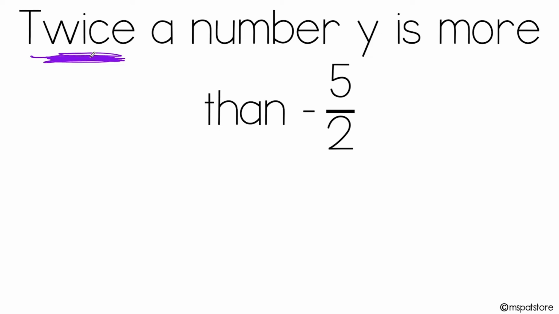So it's twice a number y, so that will be 2 times y is more than. Is more than has to be the greater than symbol, negative 5/2. That's it. Twice a number y is more than negative 5/2.